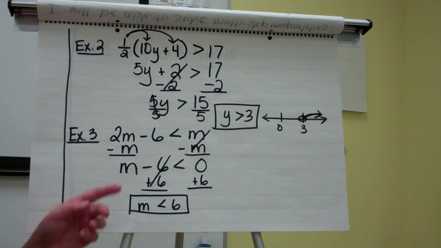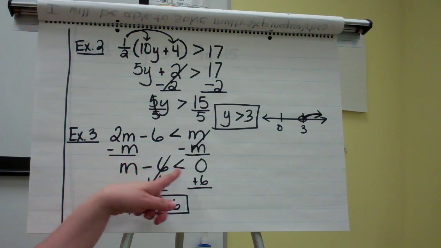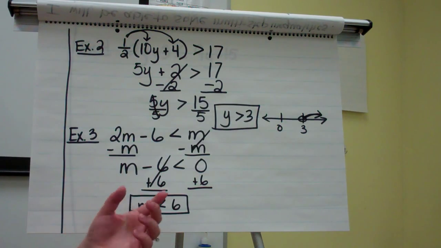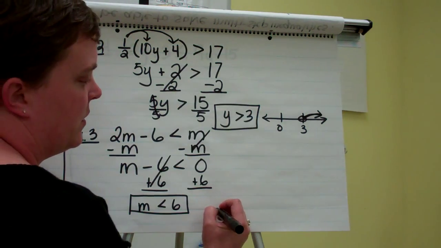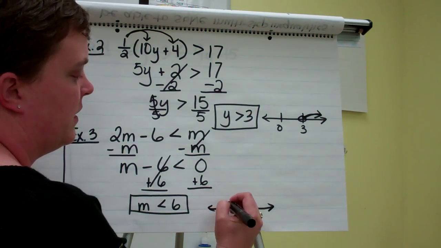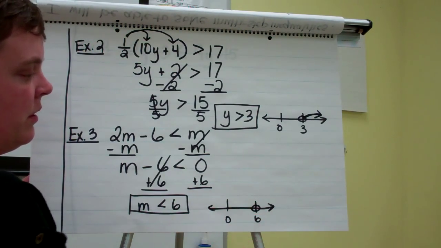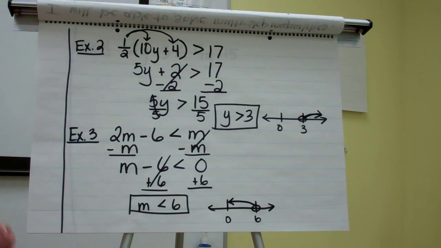And even though I could have done it differently and moved my 2m's here, and then I wouldn't have had to do anything with my 6, by doing it this way and getting my variables on the left-hand side of the inequality, this is now much easier to graph on a number line. So I've got 0, 6, open circle, and I want less than 6, so I go that direction.